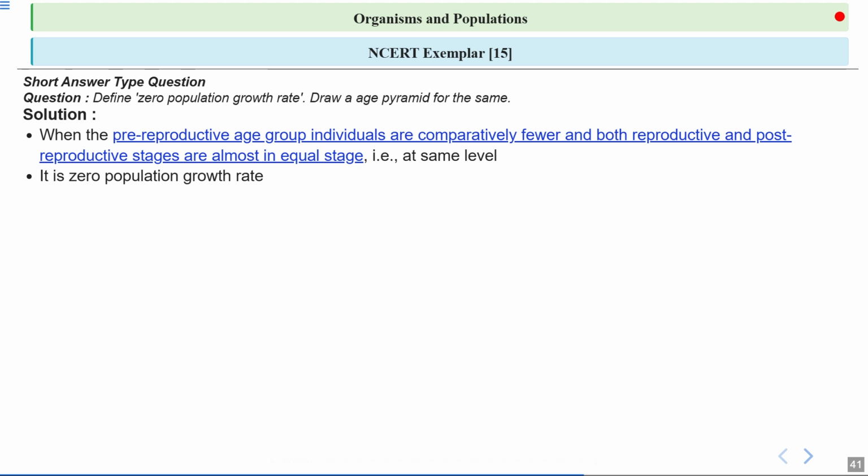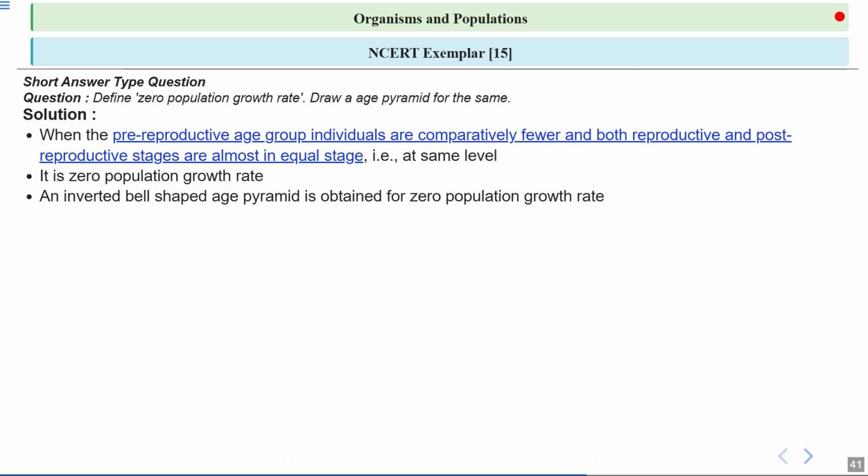So it's like a balance. There is no increase, there is no decrease, but a steady number. So population is stable here. Now, when we draw this as an age pyramid, we get an inverted bell shape. Okay, so unlike a typical pyramid with a wide base, this one is narrower at the bottom and wider in the middle, showing fewer young people and more adults.